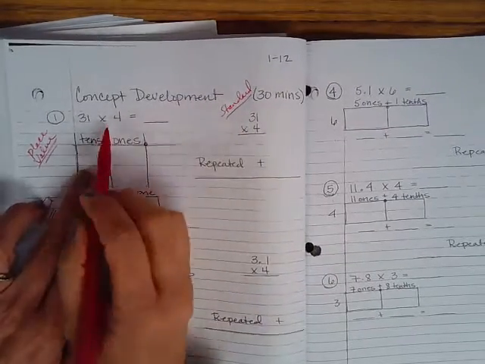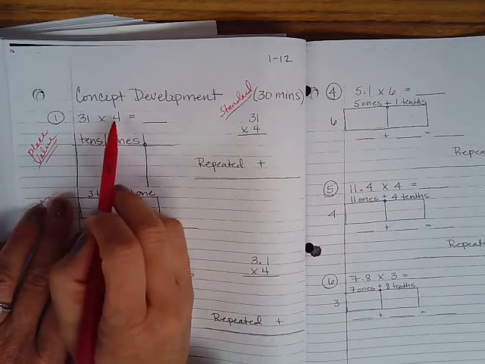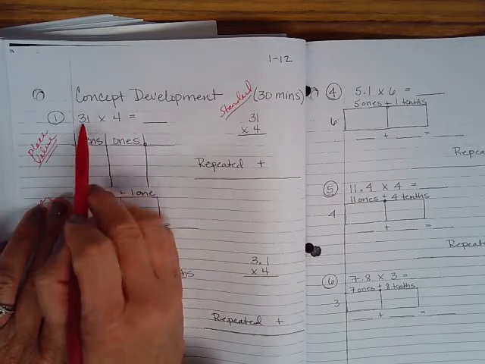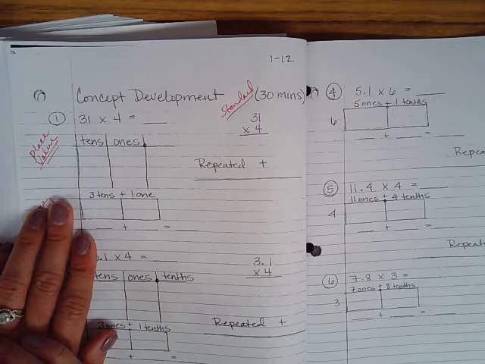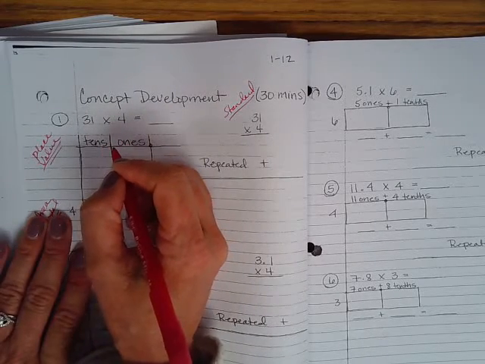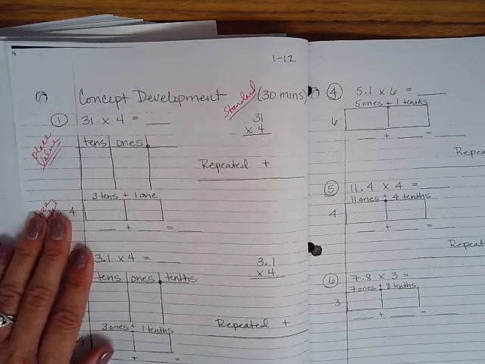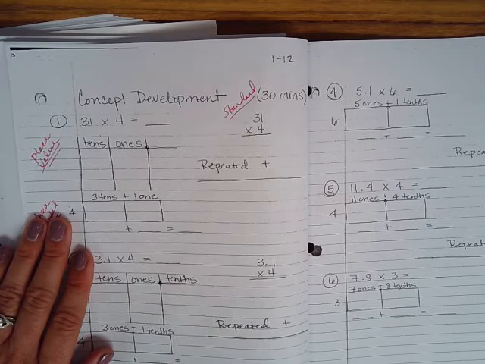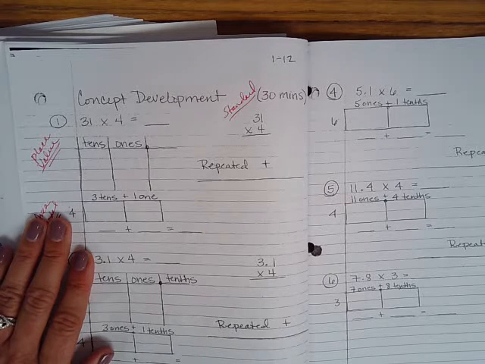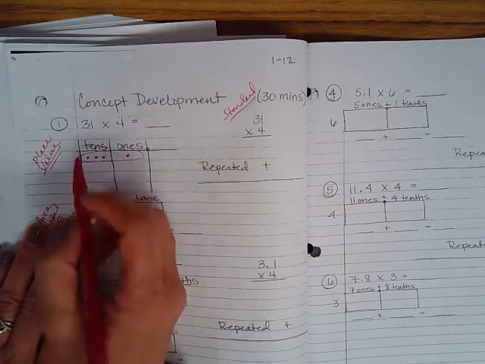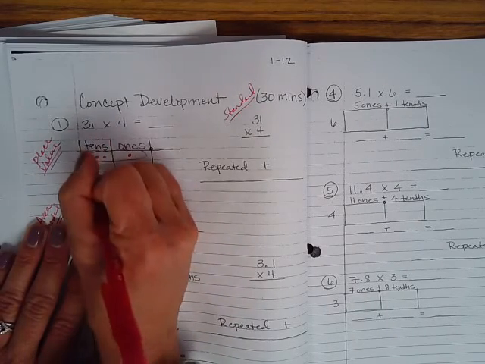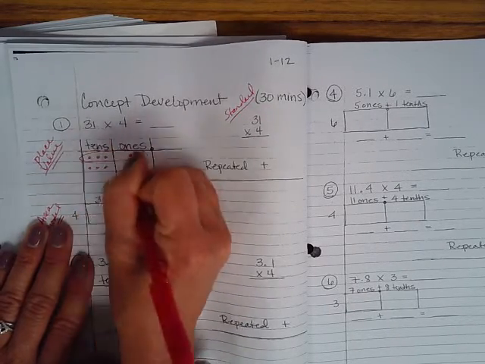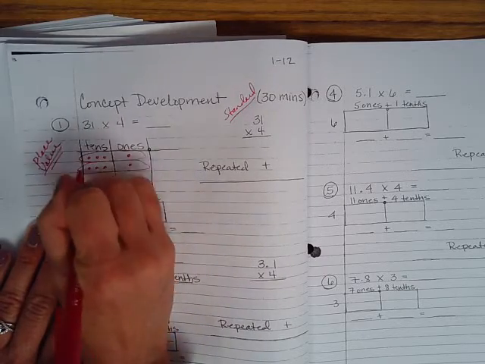So it's either 31 copies of 4 or 4 copies of 31. So how do you guys want to do it? You want to do 4 copies of 31 or 31 copies of 4? Let's try it this way. Here's 31. Here's 31.